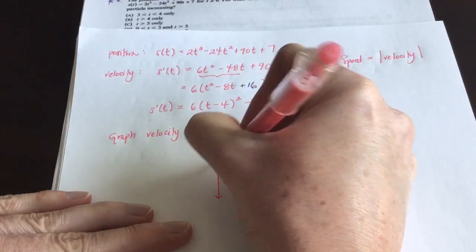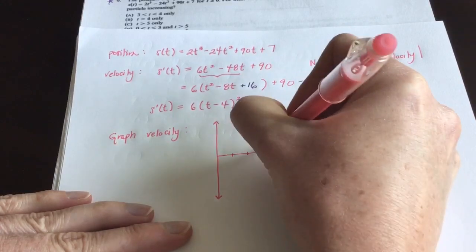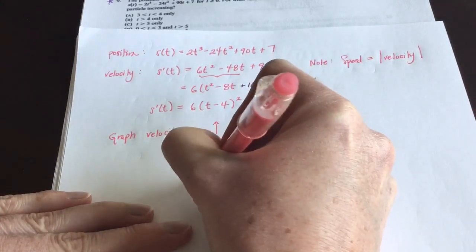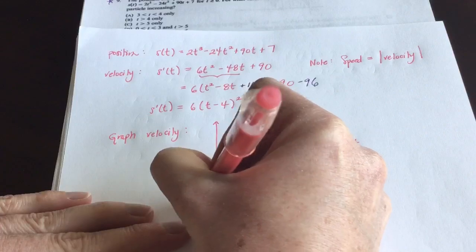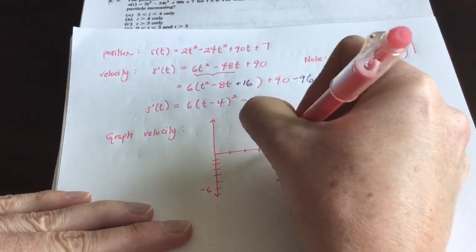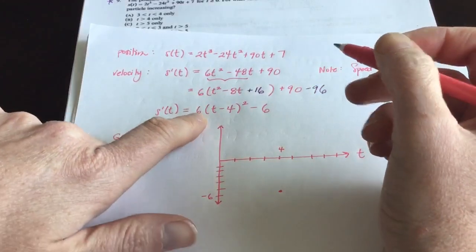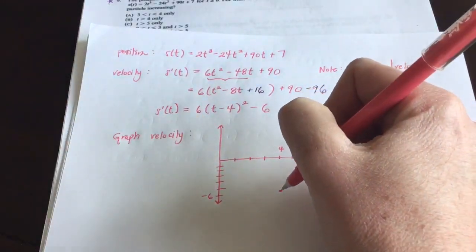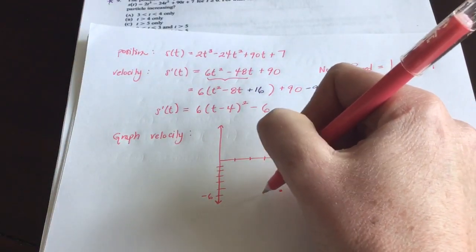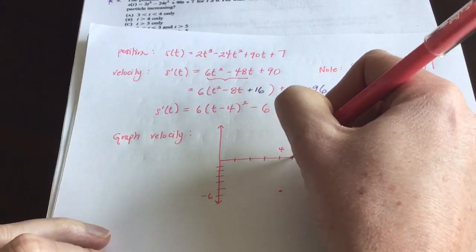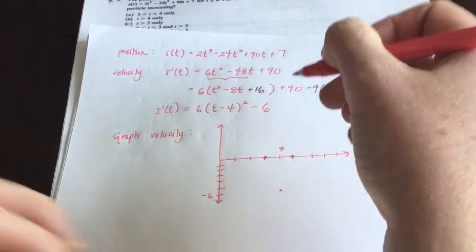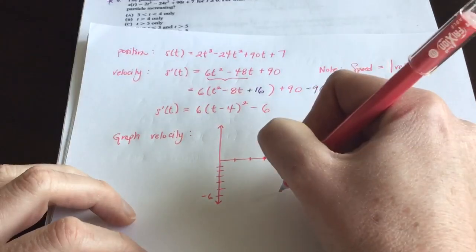It would be at 4, negative 6. And then it's got a vertical stretch by a factor of 6. So from the vertex, I'd go out 1 in each direction and then up 6, which has me hitting the t-axis.